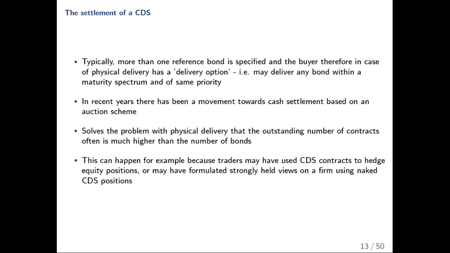So when there is a default, there's going to be a delivery option for the protection seller. I buy protection against company X from JP Morgan. If the company defaults, JP Morgan has the option to deliver a number of bonds within some spectrum, within some maturity class and some rating category.